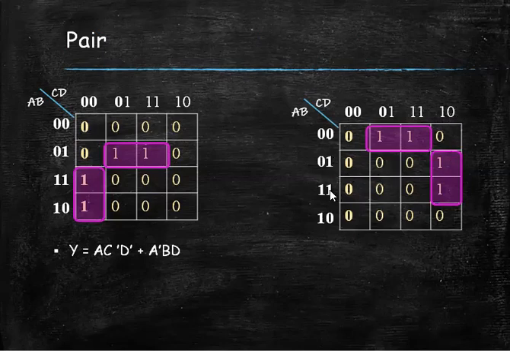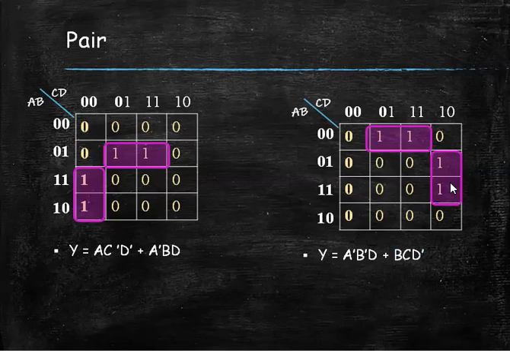Okay, and here A is changing but B is constant. Then the first one is A bar B bar D, and the second one is B C D bar. Okay, the result is y is equal to A bar B bar D or B C D bar. Okay, it is the result.